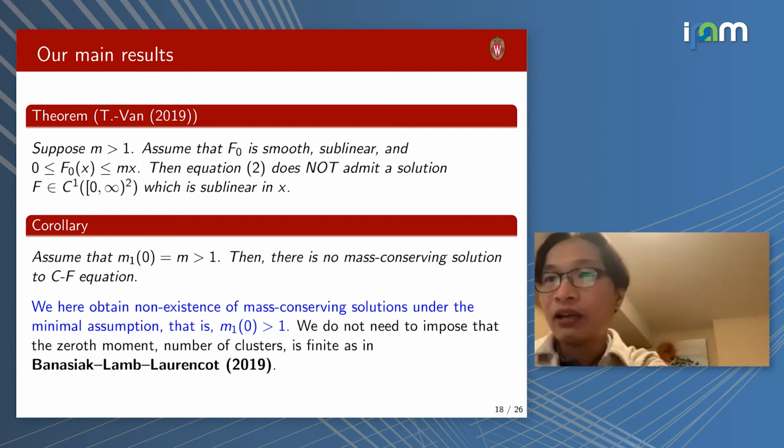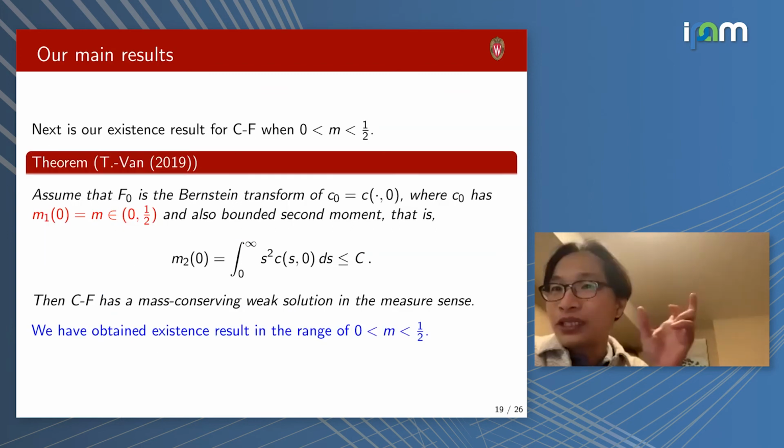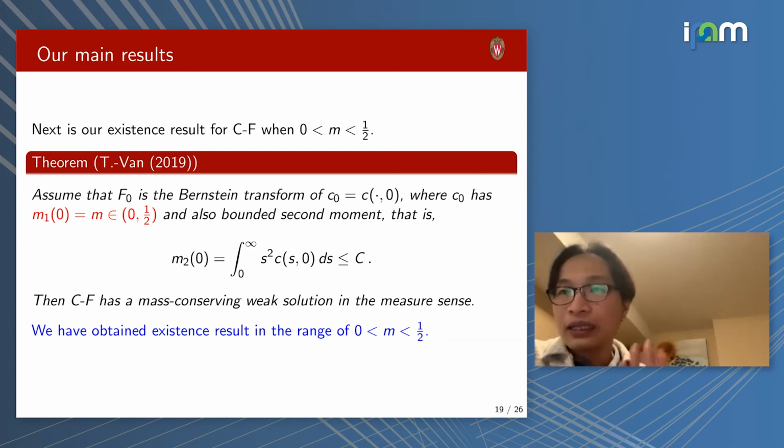Surprisingly, for existence, we only have it up to the range from 0 to 1/2. So we show that if m is between 0 and 1/2, then we have existence of a solution to the coagulation-fragmentation equations, and we are still missing the range from 1/2 to 1.